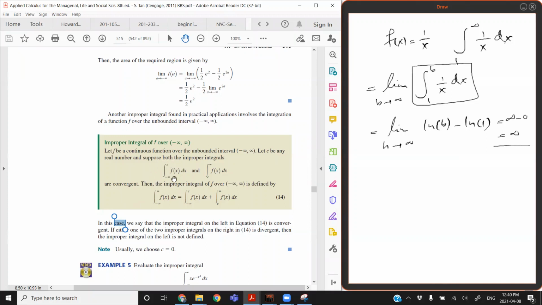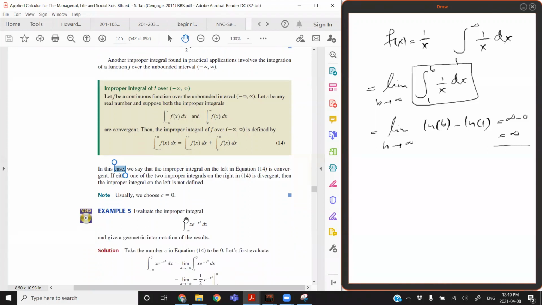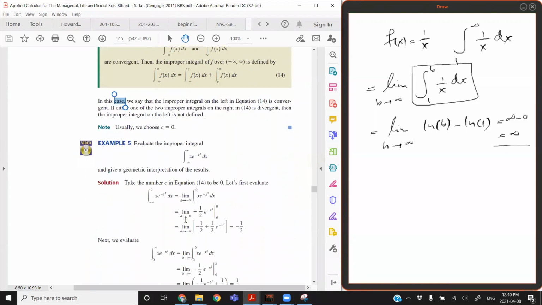That means if this is a finite number and this one is also a finite number, then you would say that the integral from negative infinity to infinity of f of x dx is the sum of these two. If one of them diverges, then you can say that the whole improper integral diverges. So let's take a look at one example.